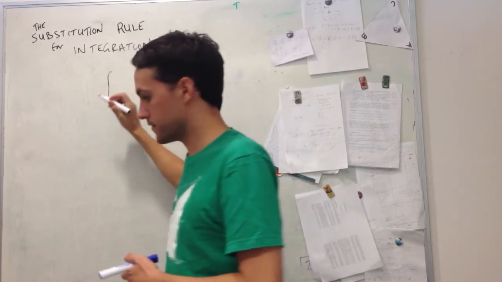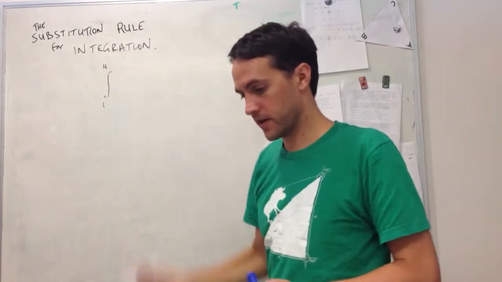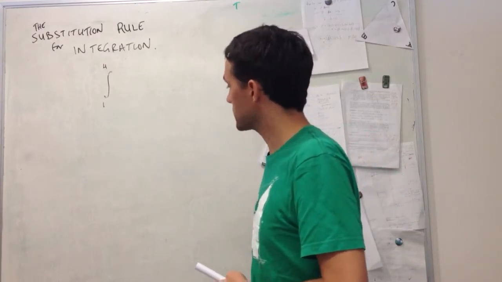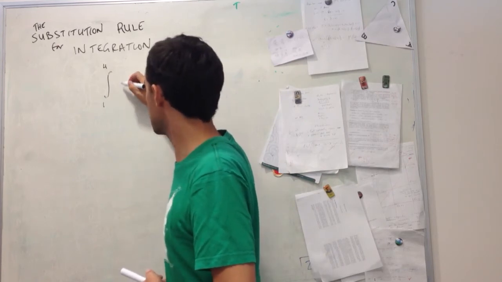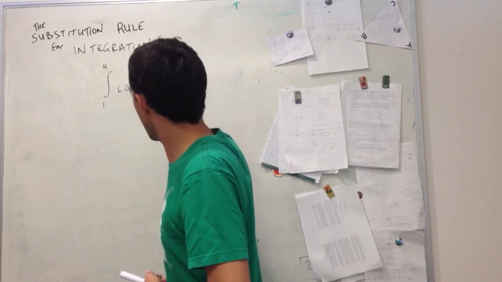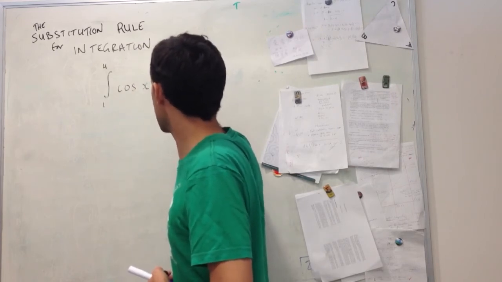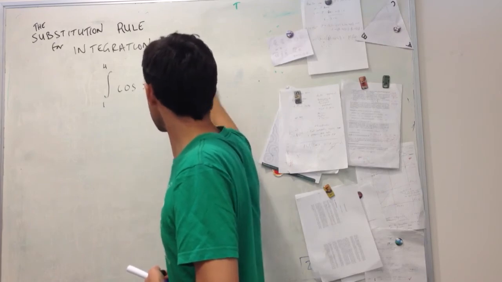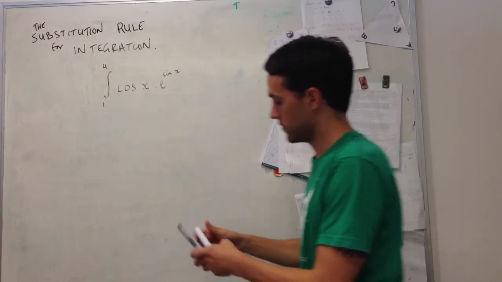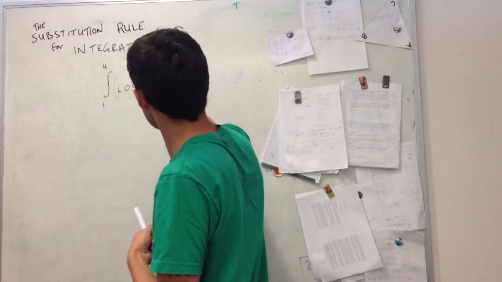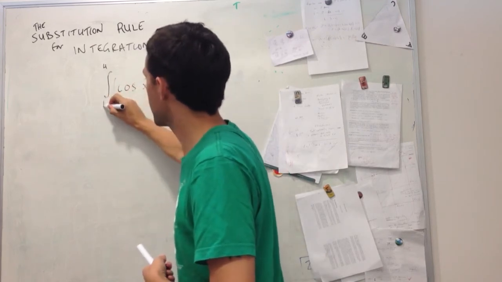Say I want to go from 1 to 4, and the function that I want to find the integral of is maybe cos x times e to the sine x, put that in brackets, dx. Yeah, I want to go from 1 to 4.